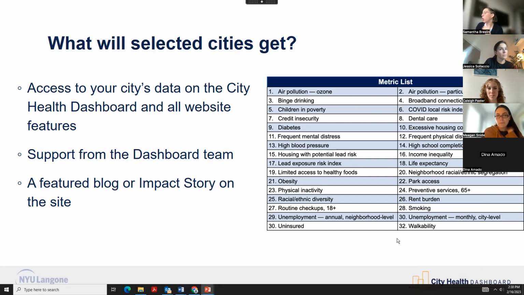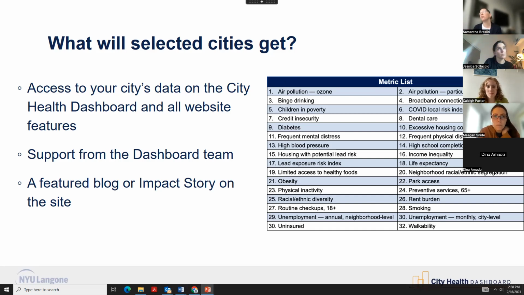And like I said, we'll have 32 different measures available for the cities selected on the challenge, and you're still able to get a very comprehensive view of what community health looks like in your city. So yeah, measures from across the 5 domains will be available for you.